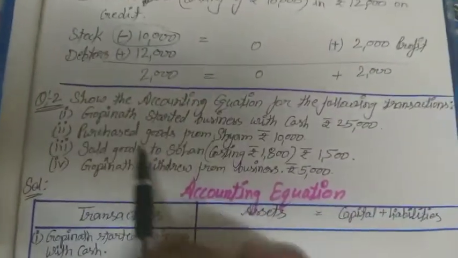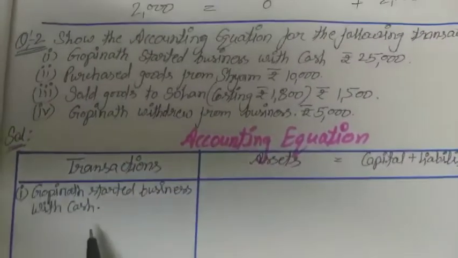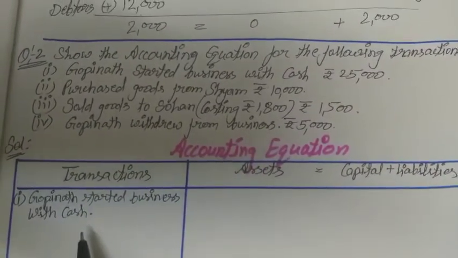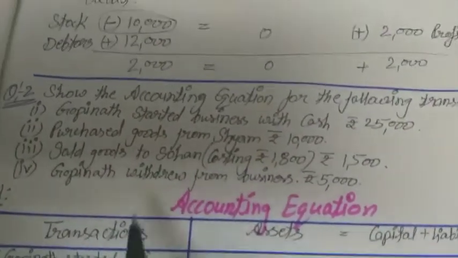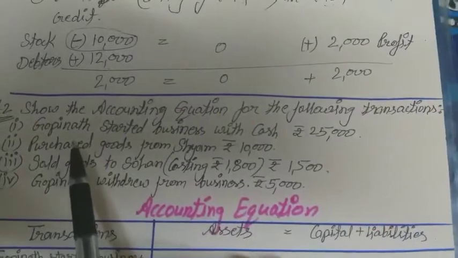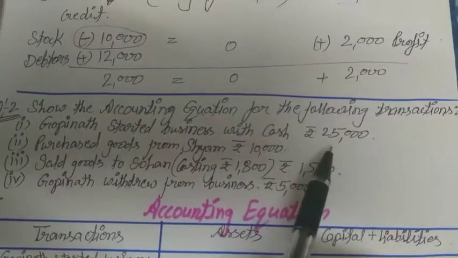It doesn't matter, we have to write the complete transaction. In the next transaction I will write it, you can. Gopinath started business with cash rupees 25,000.